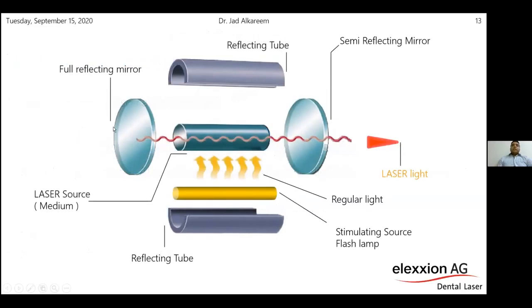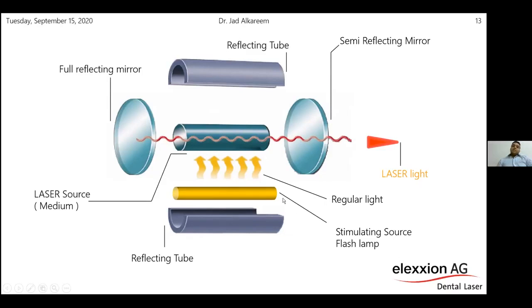In this slide, you can see the laser production unit, which is inside your laser device. You will not physically see it unless you open the device. In the middle, you can see the laser source or laser medium, and the yellow part is called the stimulating source. Most dental lasers use a light source to stimulate the laser.